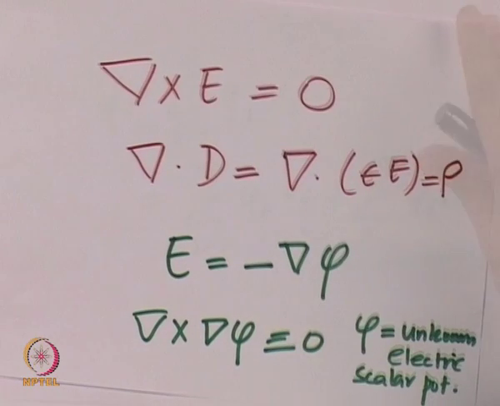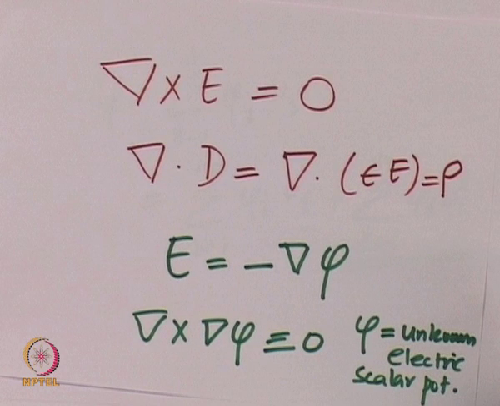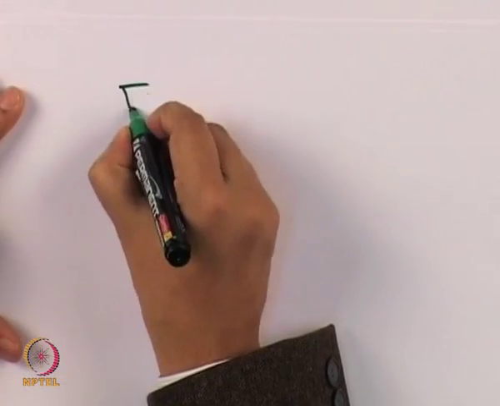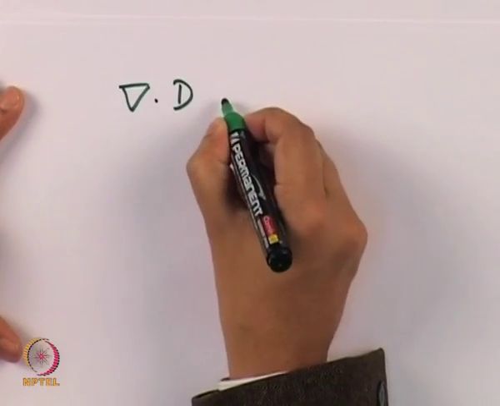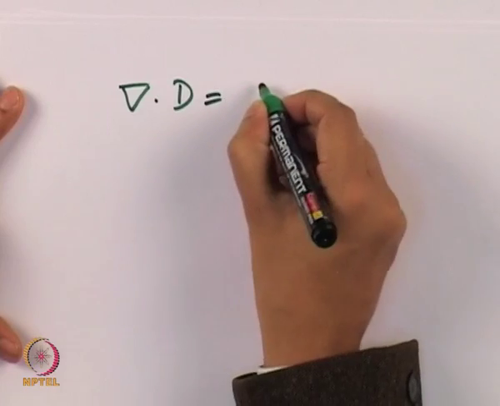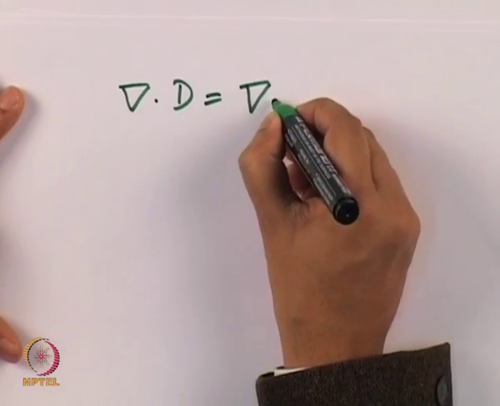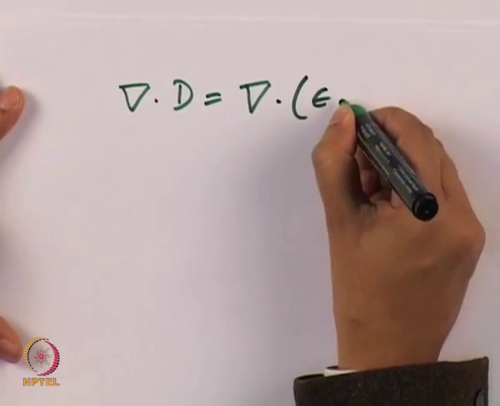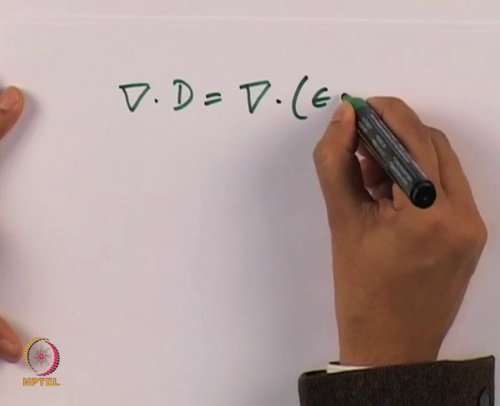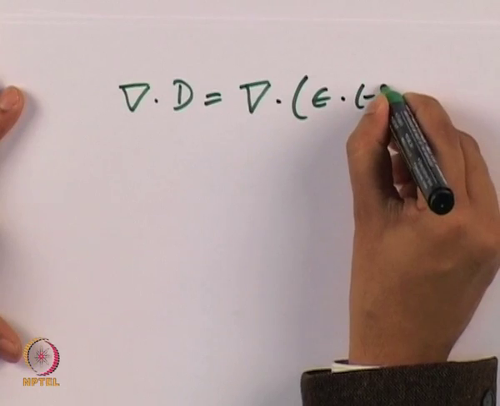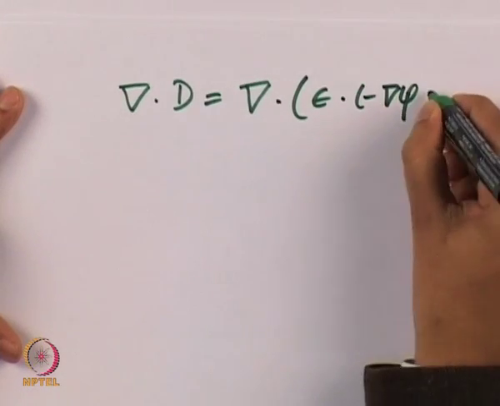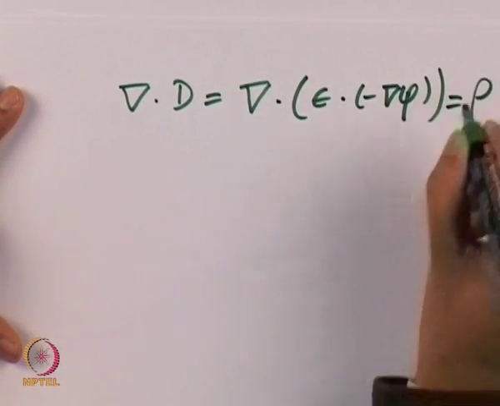Let us take it one by one. We have the divergence of d, which is equal to the divergence of epsilon multiplied by minus gradient of phi, equal to rho.